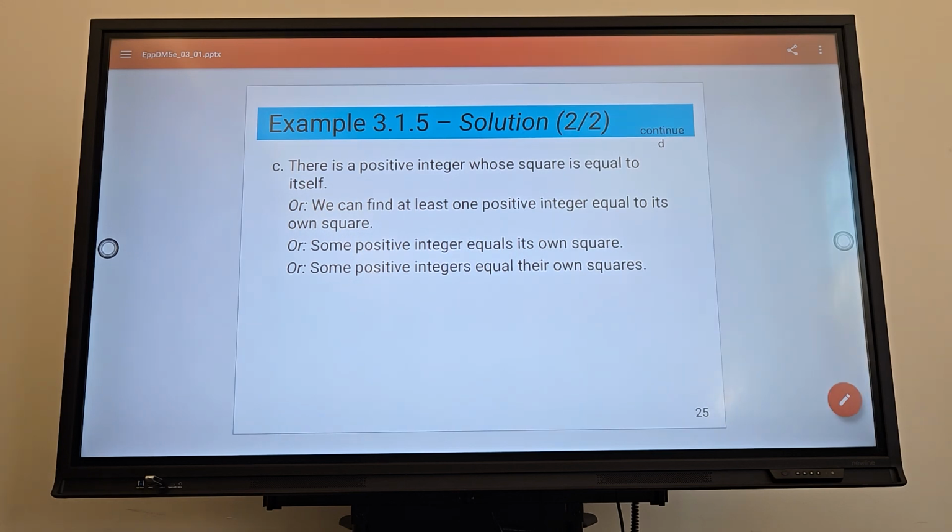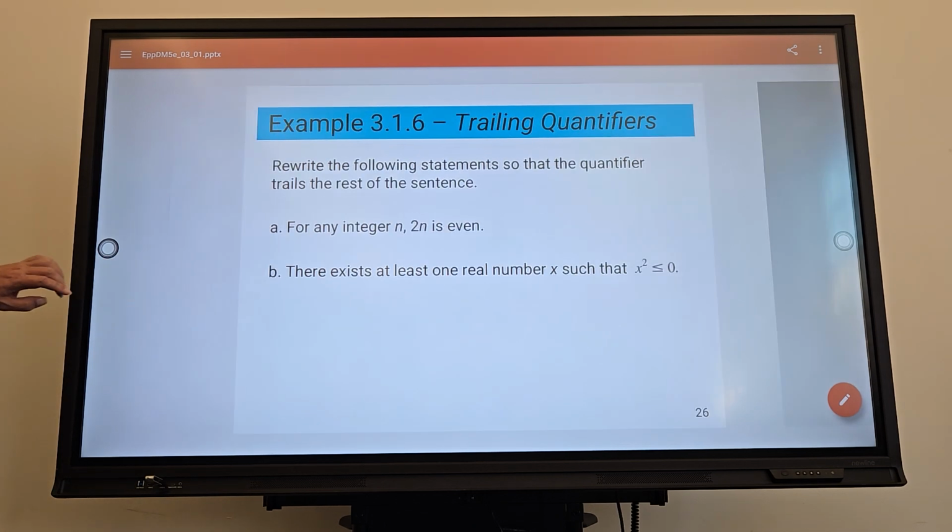There are positive integers whose square is equal to itself. Some positive integer equals its own square. Some positive integers equal their own squares. Different ways of doing it informally.